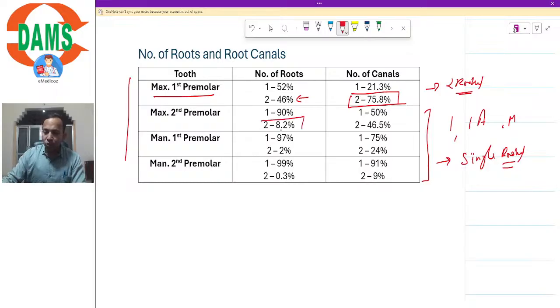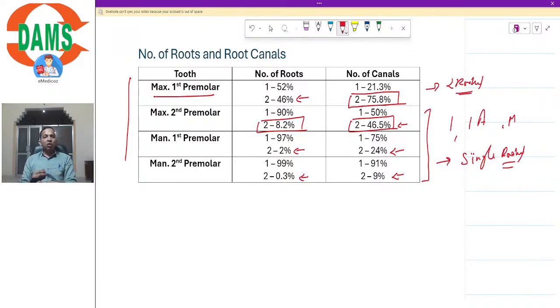Yet you would notice that the maxillary second premolar has maximum chances of a bifurcated root. Similarly, the maxillary second premolar has the maximum chances of a bifurcated canal as well. So if a question is asked, which of the following single-rooted teeth will have maximum chances of a bifurcated canal or a bifurcated root, the answer in each case would be maxillary second premolar, if all the options are premolars, right?